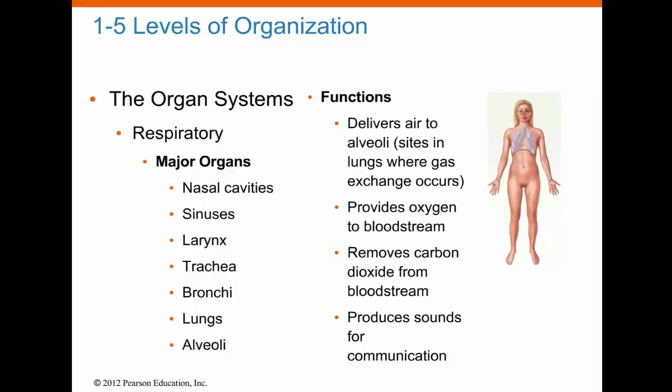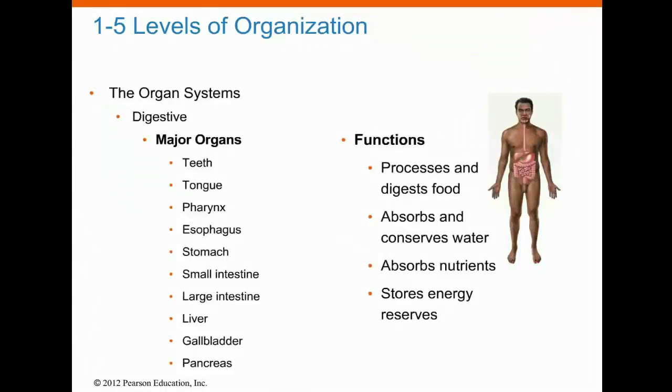We'll also be looking at the digestive system. When you think about the digestive system, you think about eating, of course. So all of the organs that are involved in eating. We've got our teeth and our tongue. We've got the pharynx, which is shared with the respiratory system.